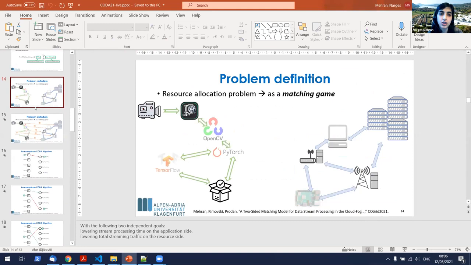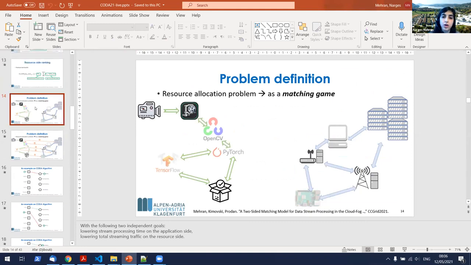The type of application that we considered was the microservice type of application, so that they can later be containerized, and then we can deploy each module on a different resource. It's not like the previous type of applications, which were more monolithic, but more microservice-based and component-based applications.